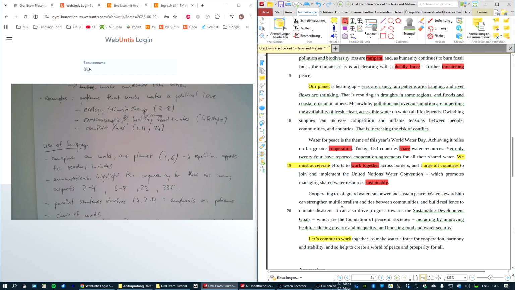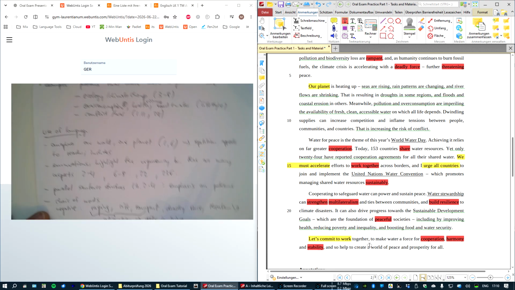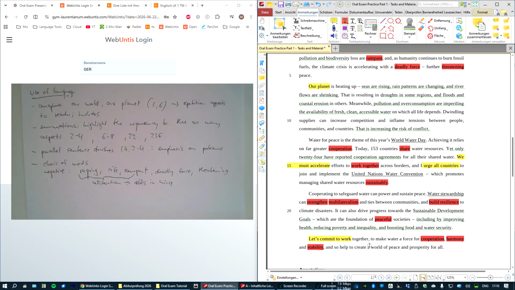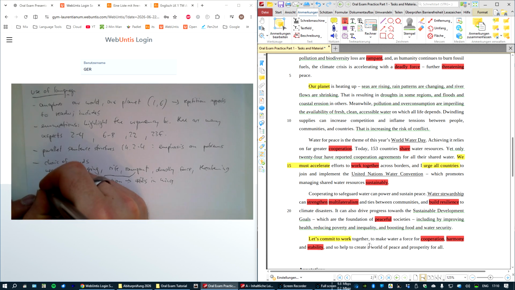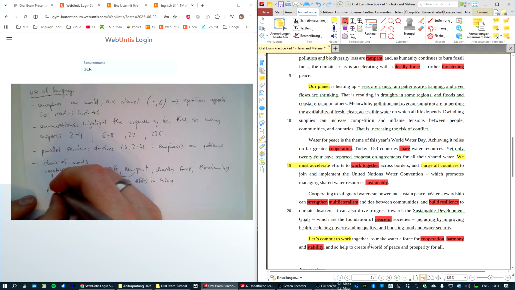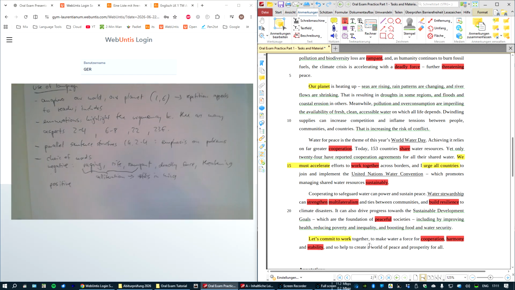Cooperation is positively connoted, strengthen multilateralism, build resilience, peaceful, cooperation, harmony, stability, so many words that have positive connotations that you can note down or simply use from marking up.